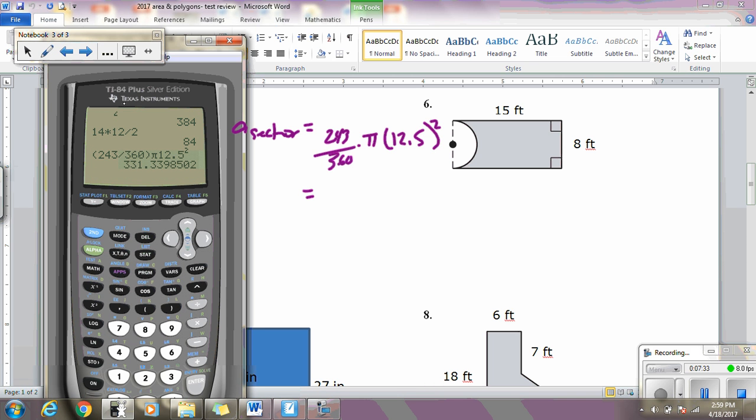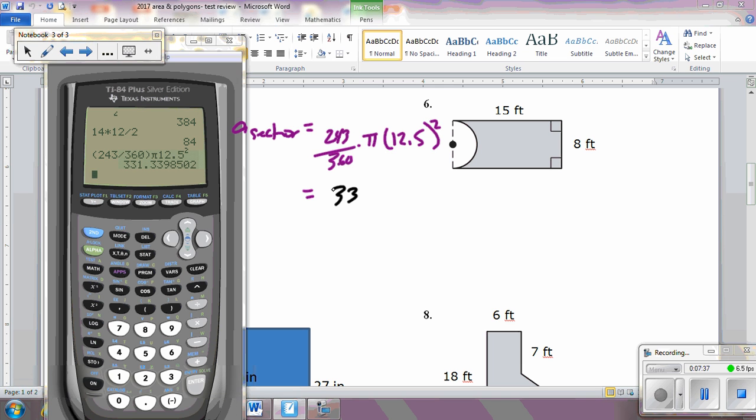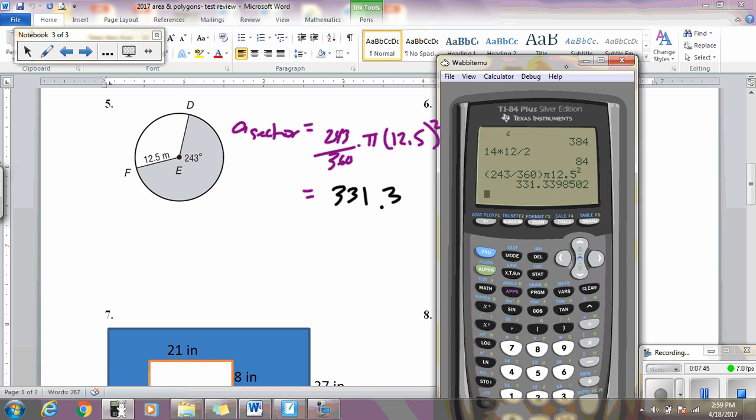You would get about 331.3. I don't recall the units. Meters squared.